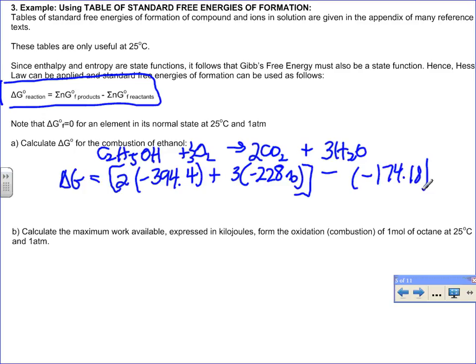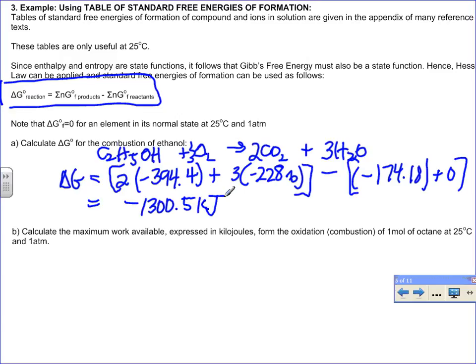And like enthalpy, an element, like oxygen in this case, is going to have a value of 0 for the Gibbs free energy of formation. Okay, it's already formed because it is an element.